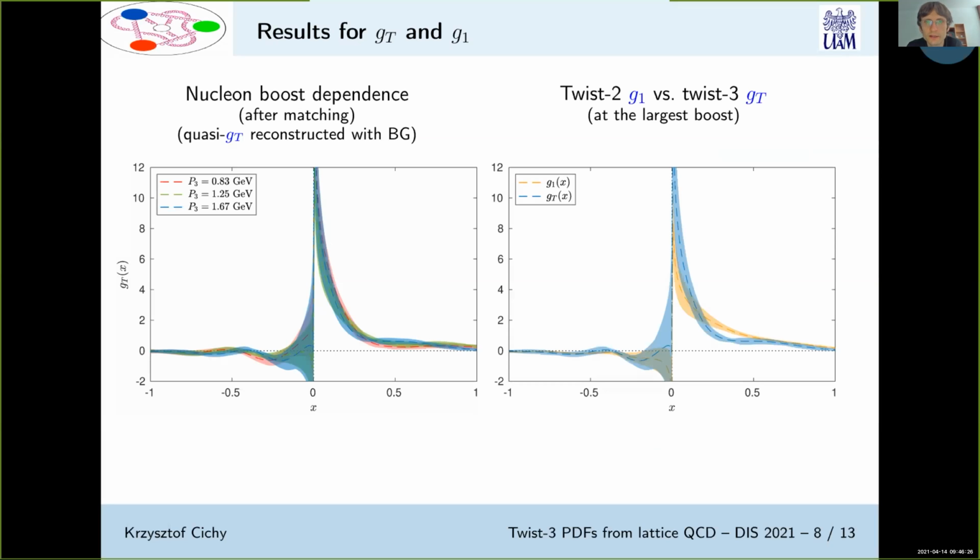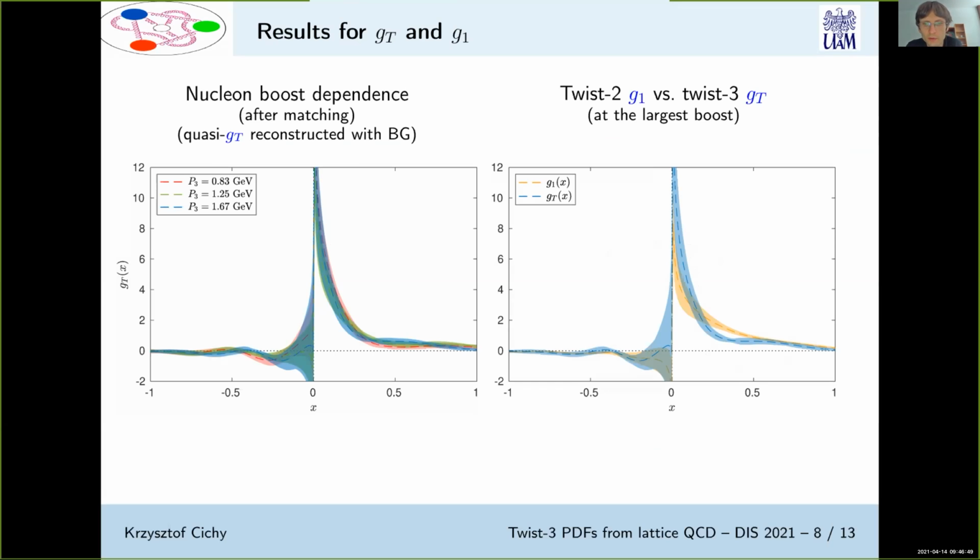We compared our GT to its twist 2 counterpart, which is G1, and one of the features is that at low x, the GT seems to be larger than G1, but it falls off more steeply, and at some point it gets below G1.